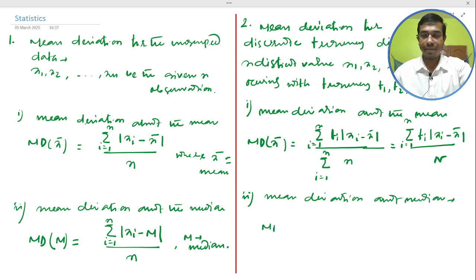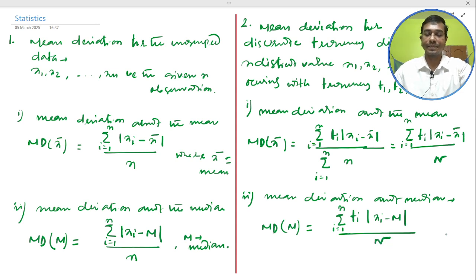This is the summation for i from 1 to n of fi times the modulus of xi minus M, divided by capital N.